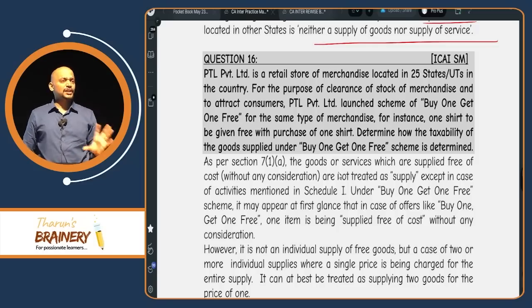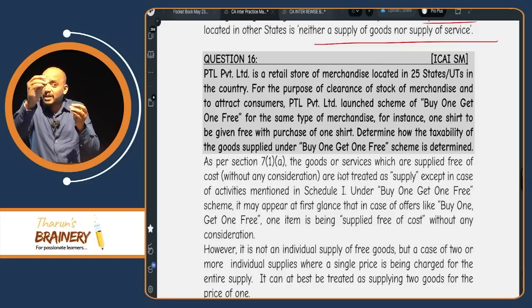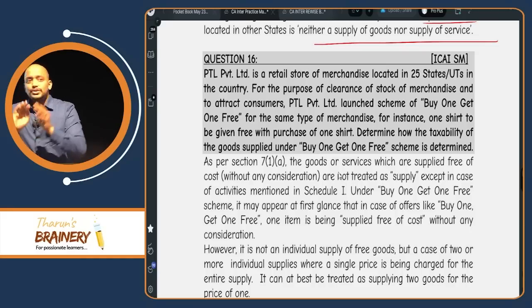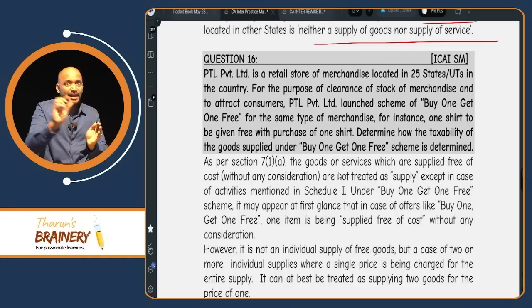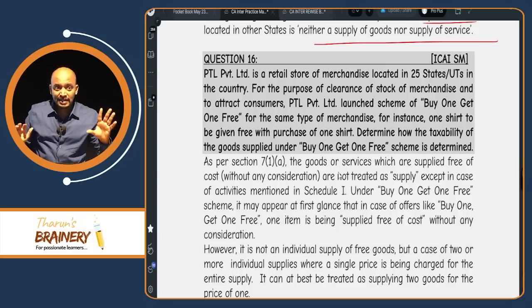Chocolate. Therefore, it will be treated as composite supply. It means the free gift given along with the chocolate is also taxable along with the chocolate. Correct or not? So it will be treated as a single supply and principal supply. So entirely it will be taxable. Got it?